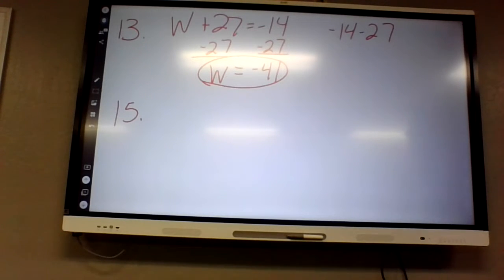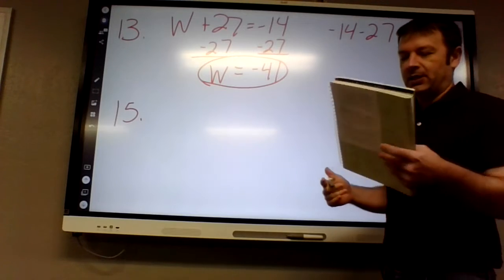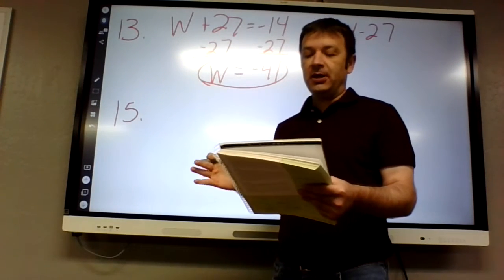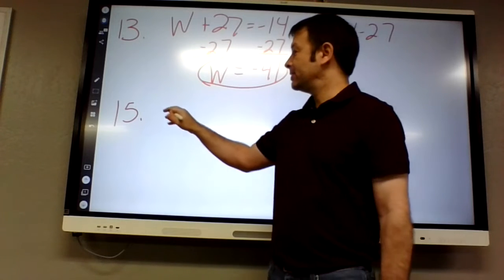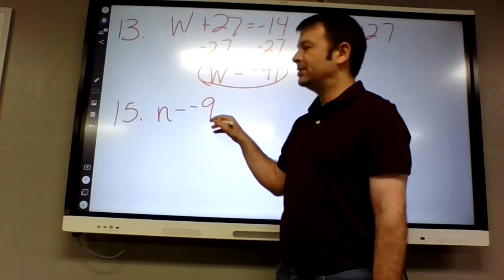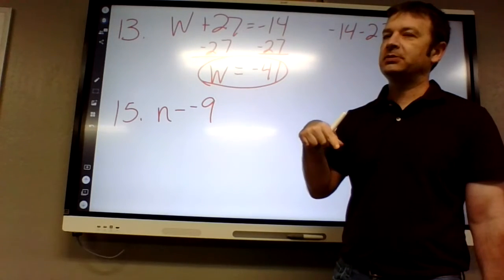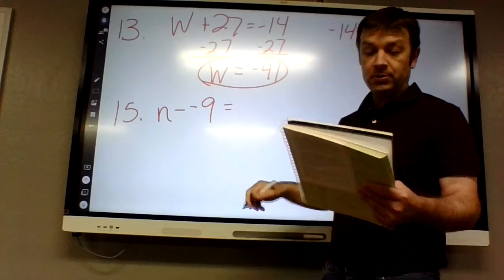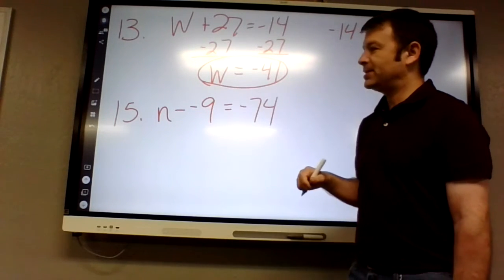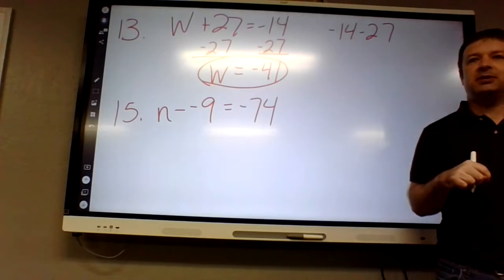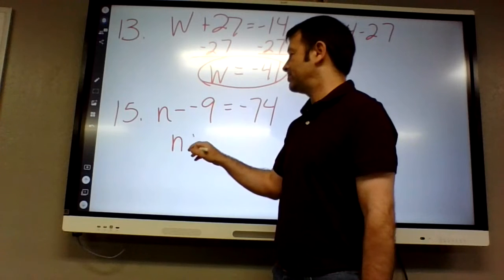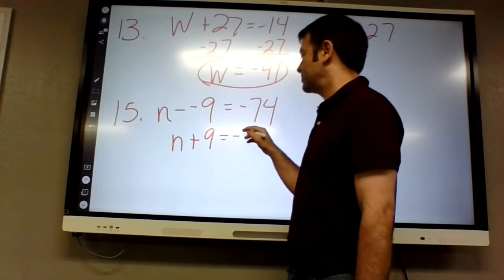I don't think they say subtracted from, but yeah, it's just in order. So it's the number. You guys might make a mistake on this one because it's n minus negative 9, not n minus 9. Equals negative 74. Okay, and what does n minus negative 9 actually mean? N plus 9. So you might just write down n plus 9 so you don't confuse yourself.